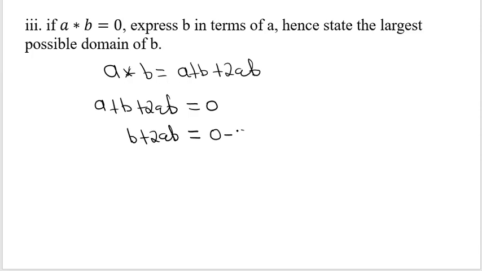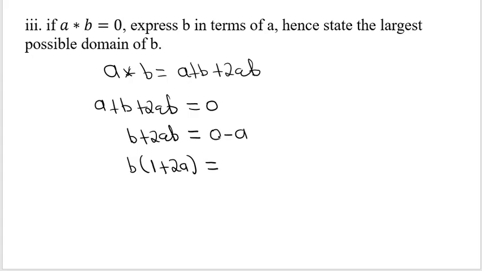we have 0 minus A. Okay, with this, B that we want to make the subject is common here, so we try factorizing the B. So the B comes out, we open bracket, we are going to be having 1 plus 2A here, we close the bracket.